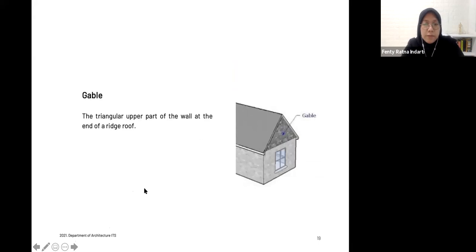So this is the first thing that you have to understand about eaves. And then you have gable. Gable is very simple: the triangular upper part of the wall at the end of a ridge roof, like this. Usually it has the same material as the lower part, which is the wall.